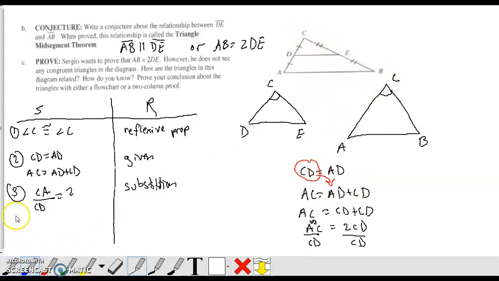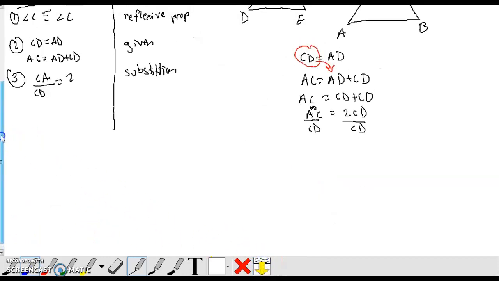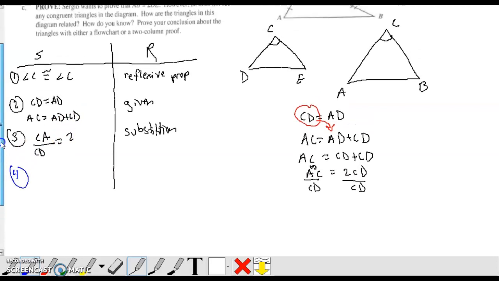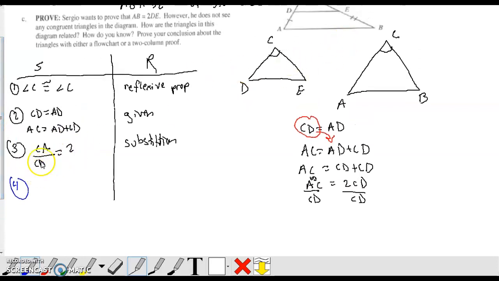Okay, so let's go ahead and I'm going to do exactly what I just did right here. Instead of CD, I'm going to say that CE is equal to EB, and also that CB is equal to CE plus EB.